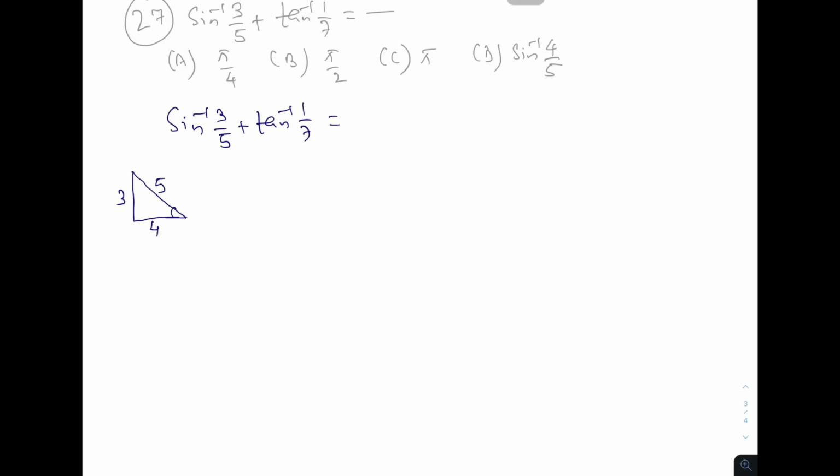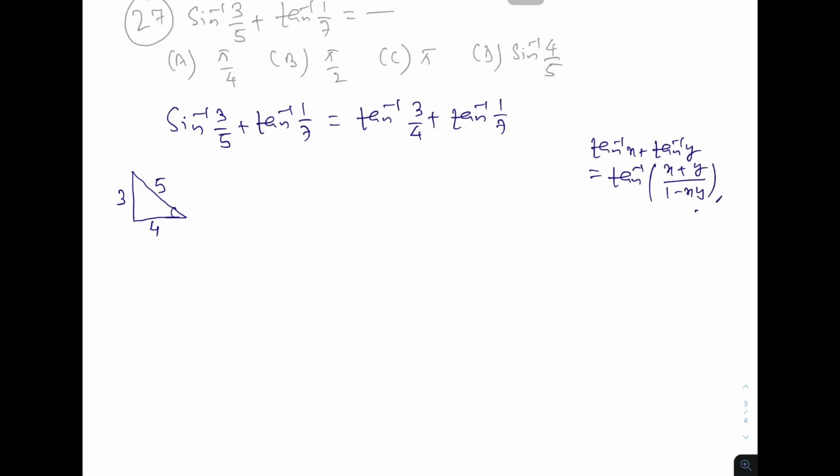So that sine inverse 3 by 5 we can write as tan inverse 3 by 4 plus this is tan inverse 1 by 7, and we know that tan inverse x plus tan inverse y equal to tan inverse x plus y over 1 minus xy if the product xy is less than 1, and here the product 3 by 4, 1 by 7 is less than 1.